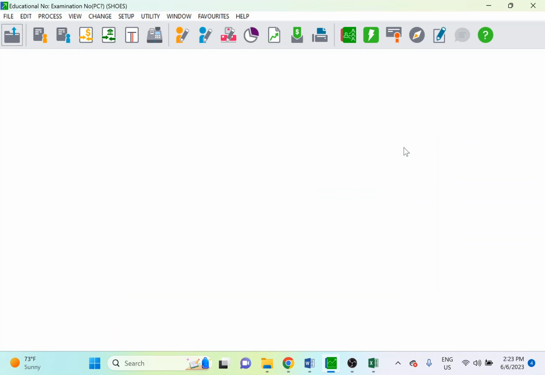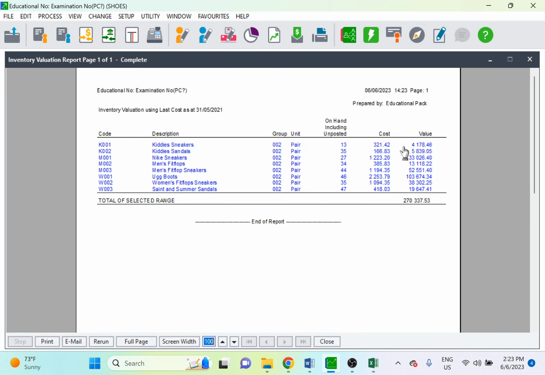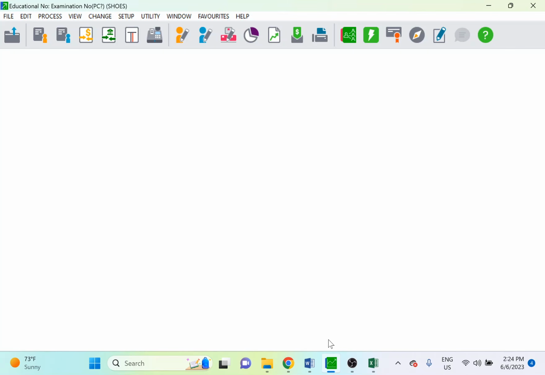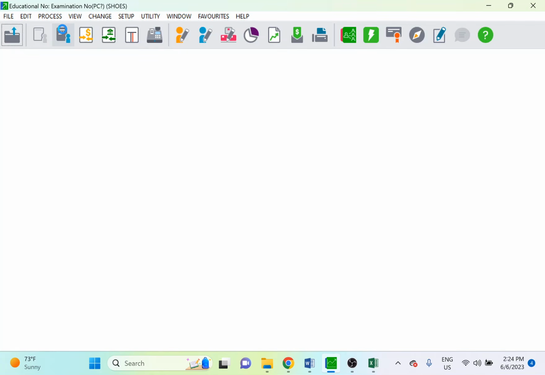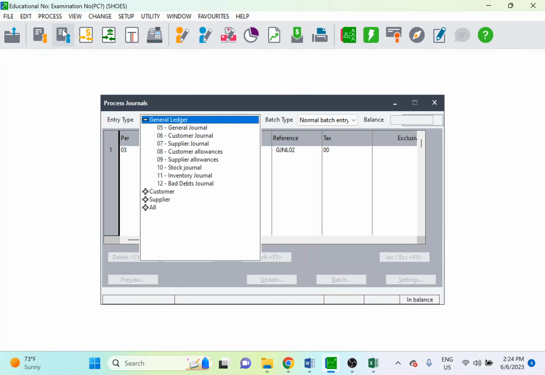Then click OK. This is the inventory valuation that you're going to print. Then let's close it. We are done with memo number 2.